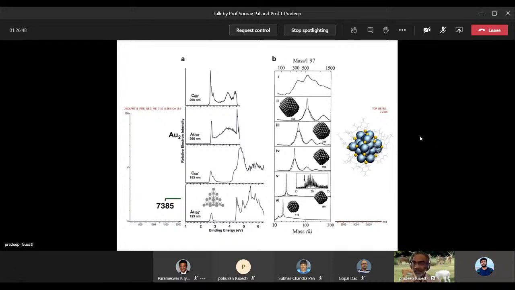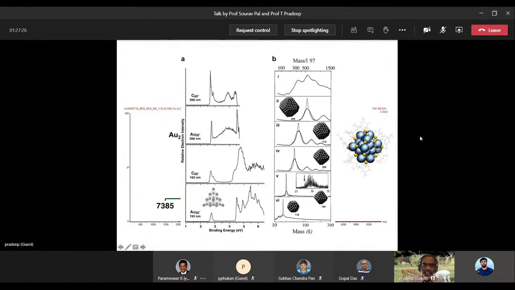Now, as Saurav was talking about, several such gas phase clusters have also been studied. The most interesting of these is gold 20. Incidentally, this structure was proposed with spectroscopy and several other things, and subsequently this cluster was synthesized and its crystal structure was solved, and it turned out to be the same. Just like C60, the structure was suggested and subsequently it was crystallized.